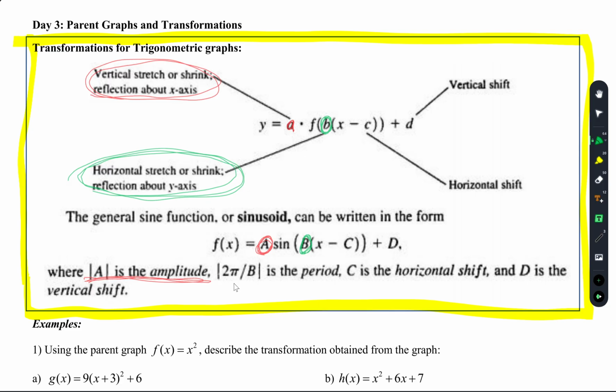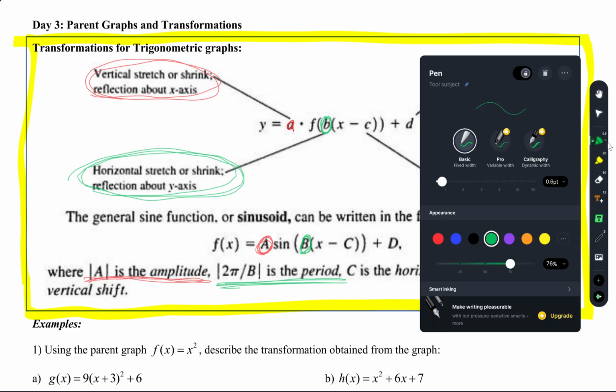If you're doing that for sine, that helps you figure out the period, which makes sense, because the normal period is 2π. Let's say you double that, that means you're going to get a different period. The other ones are just left and right, up and down.